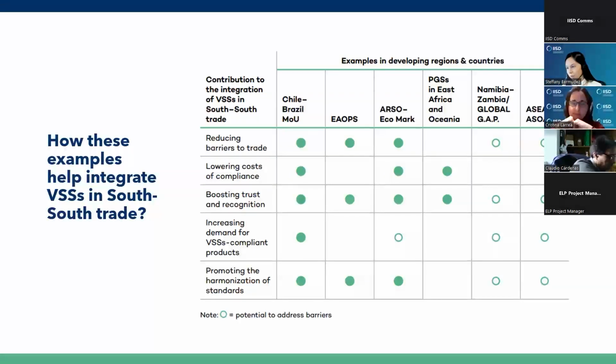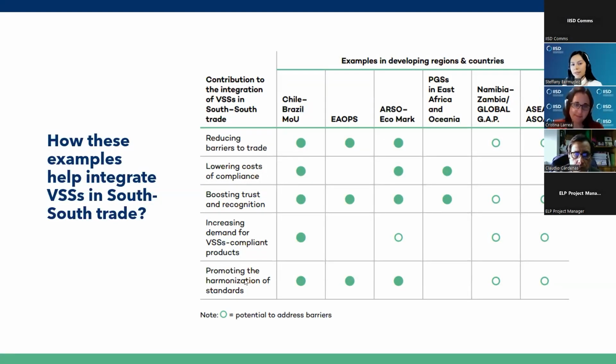The same example of Brazil and Chile suggests that after the implementation of the MOU, the trade of organic products between both countries rose significantly. So implementing these measures, mainly when there is evidence of increasing demand for more sustainable products, can also increase market access for standard-compliant products.